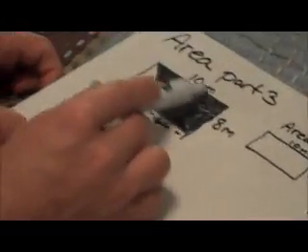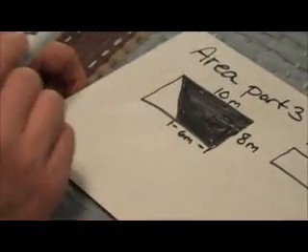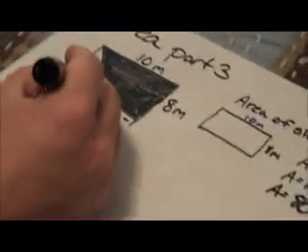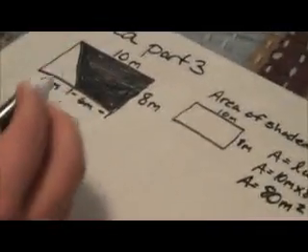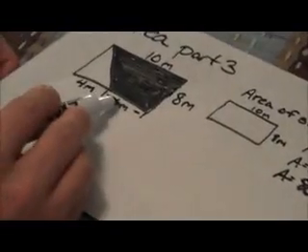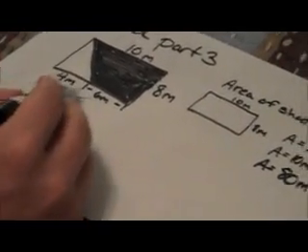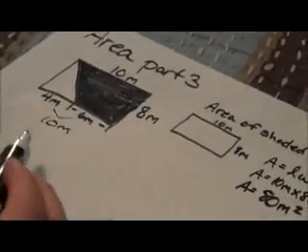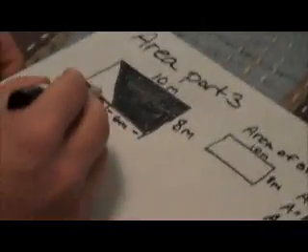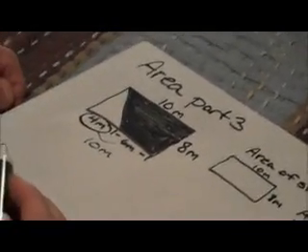Well, if I look along my parallel line at the top, I see 10 meters. So 10 minus 6 would make this 4 meters, because 4 meters and 6 meters gives me a total of 10 meters. I now have my base for my triangle.